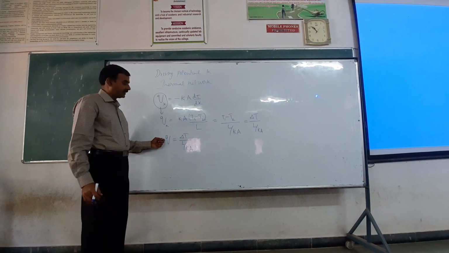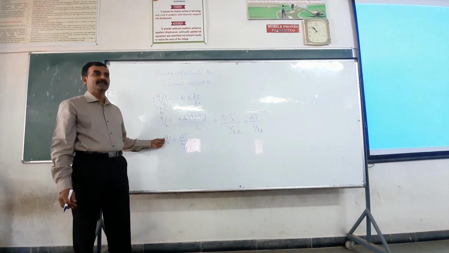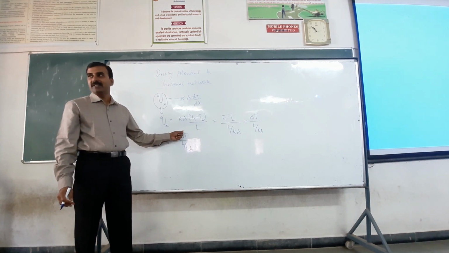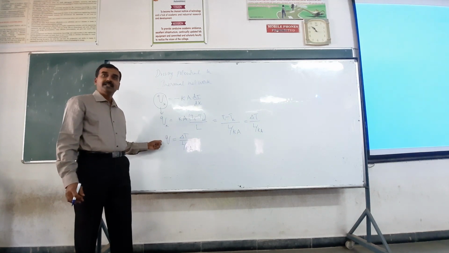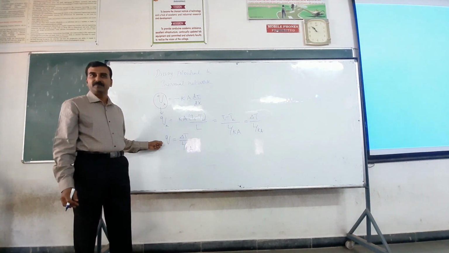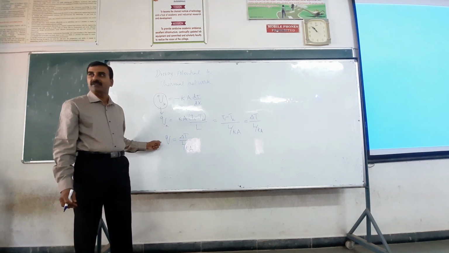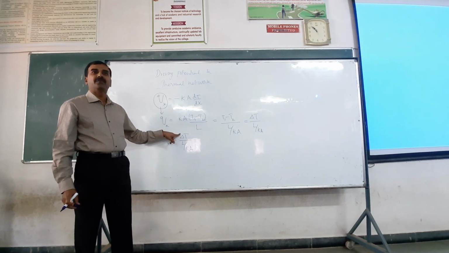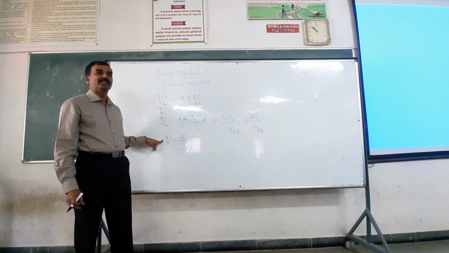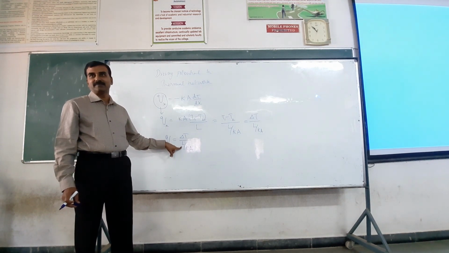See, why is this heat transfer taking place, how is this heat flowing? Because of temperature difference. Temperature difference is the cause. Heat transfer is the effect. If there is no temperature difference, will there be any heat transfer? No. So that means delta T is the fuel for moving this. And what is this? This is the resistance.